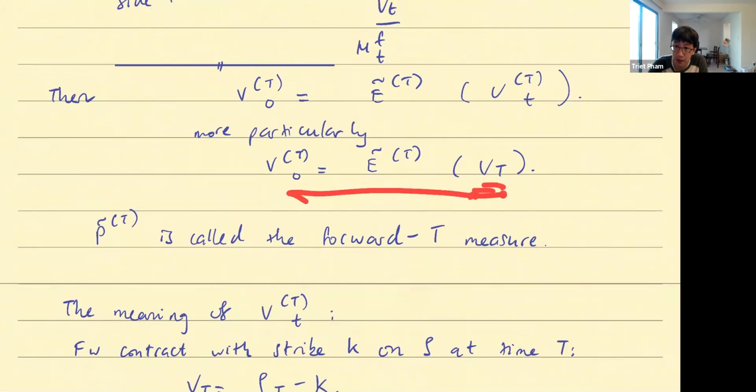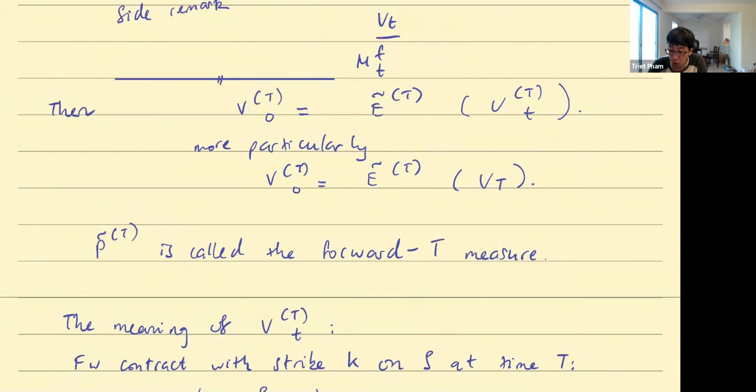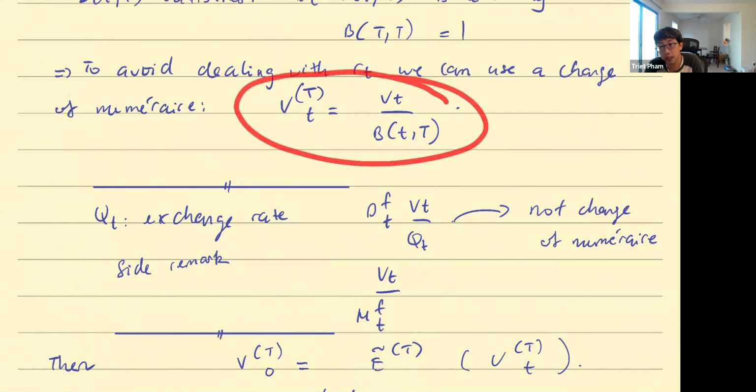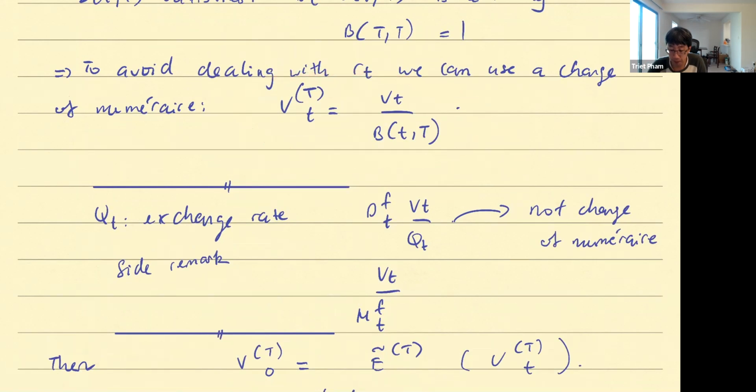So it's good by itself. But more importantly, we discover that this act is a very natural act in the market. It basically converts a value process into its forward price.